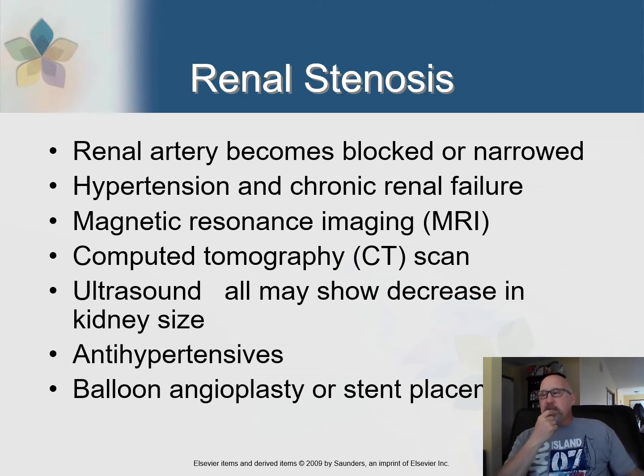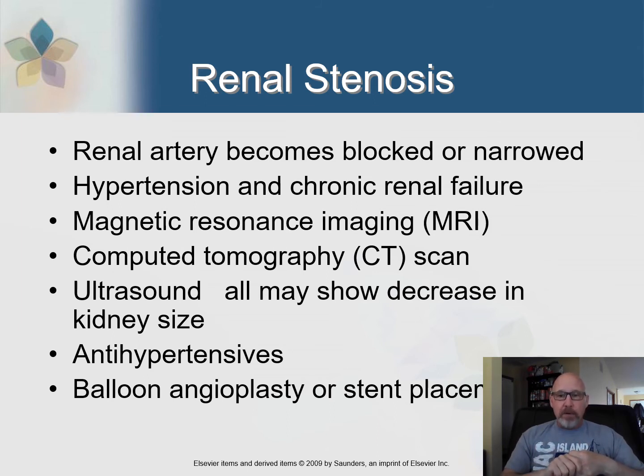So the kidney says, hey, I'm not getting enough pressure here, body. Negative feedback loop, remember? I need you to increase the pressure. Okay, we'll increase the pressure. We'll increase the red blood cells. We'll increase the pressure through the renin-angiotensin cycle, because we create renin here in the kidneys.